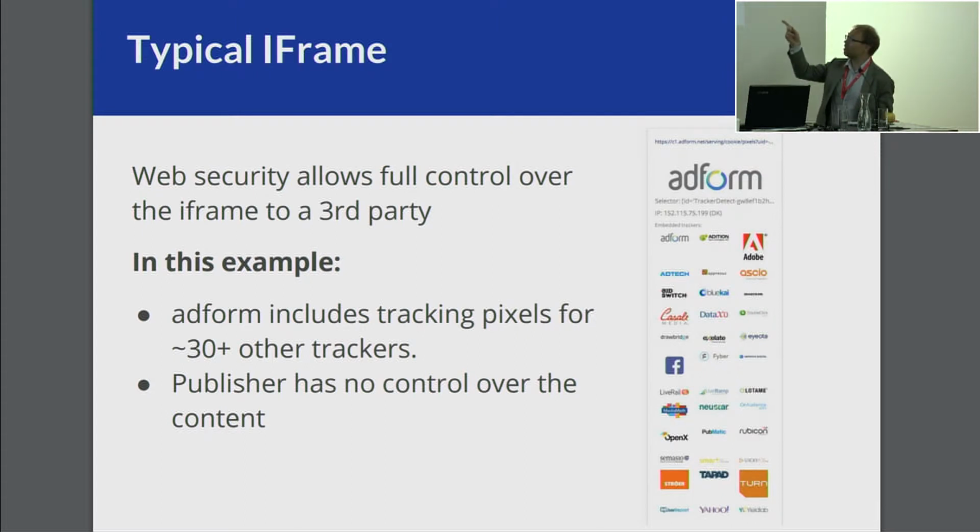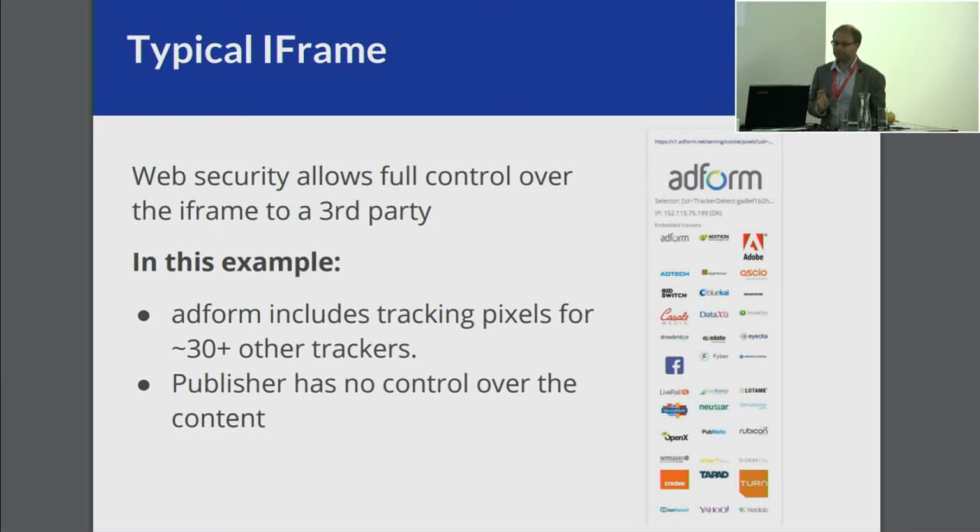In this particular example, and this is not very special, there's an ad platform called AdForm that will load these 30 other advertising technologies and or trackers inside of this frame. And they will do stuff like you've heard earlier today, fingerprinting and so forth.